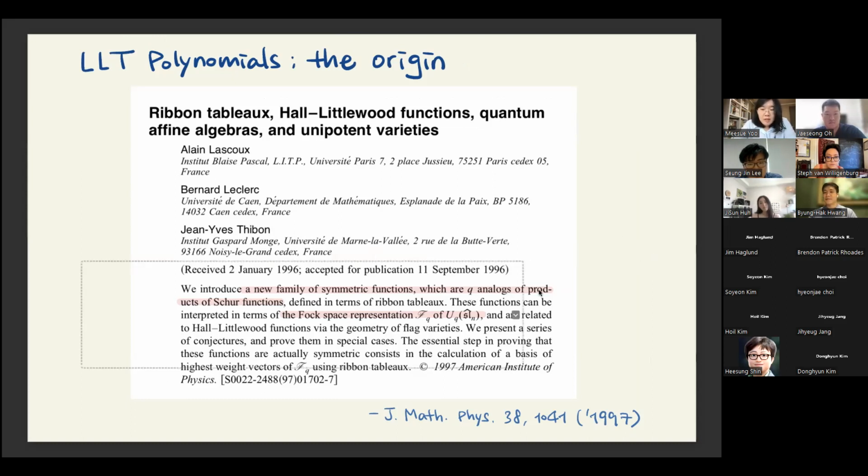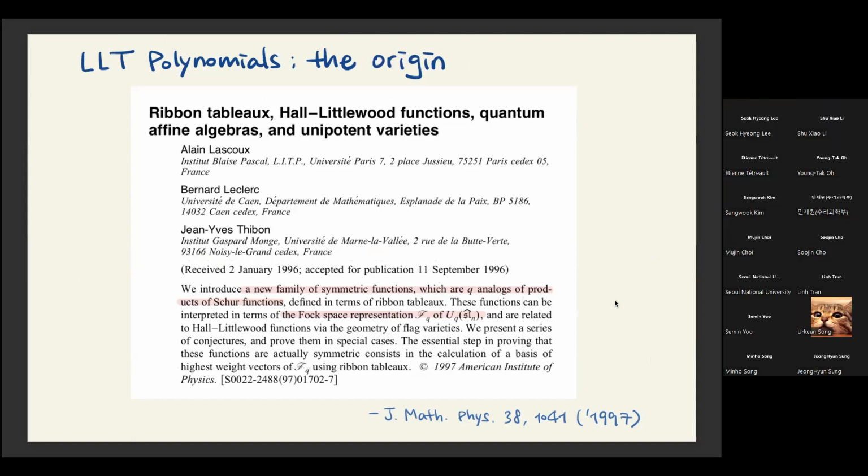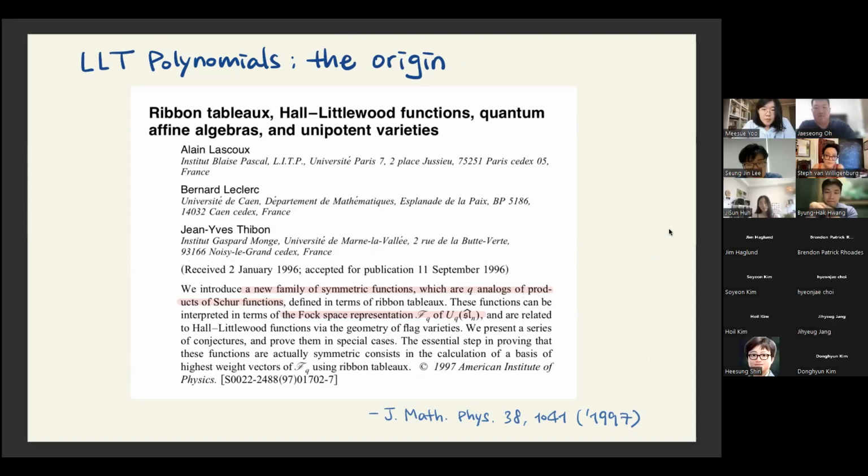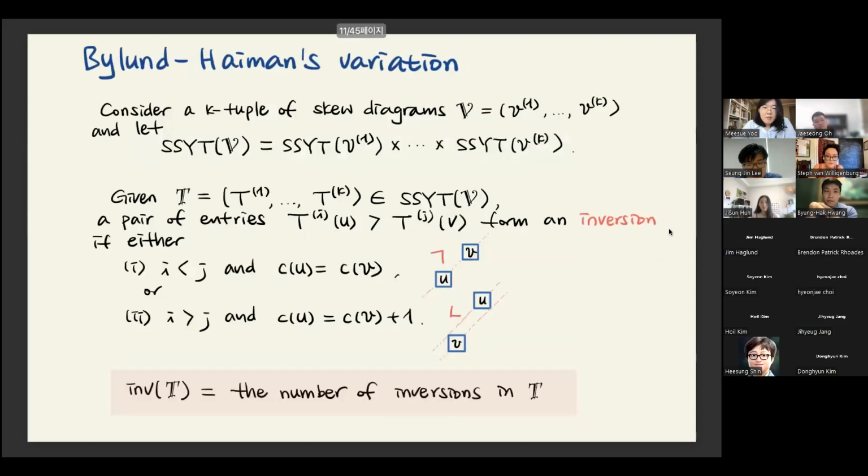And in the process of studying this space, it's natural to consider ribbon tableaux. So they originally defined this polynomial in terms of ribbon tableaux, and they called this polynomial the ribbon polynomial. But later, Haglund, Haiman, and Loehr came up with an alternative definition, which is defined over a k-tuple of skew diagrams. So we're going to use this definition instead.